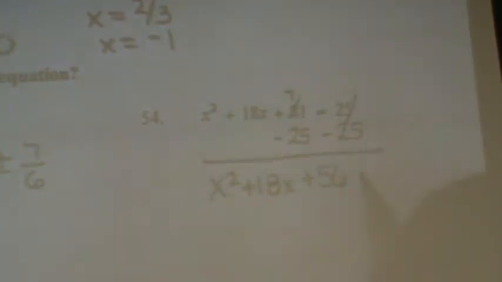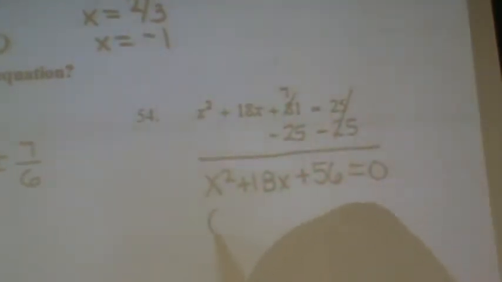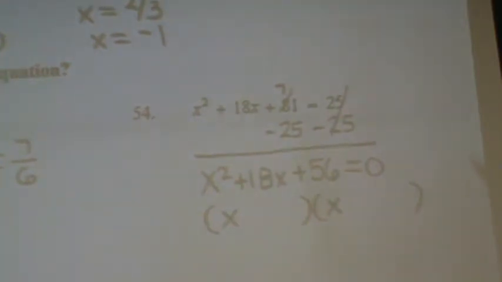Right? Okay, now what times what is 56, but adds to be 18? Nine and 7? 9 times 7 is, no, 63.